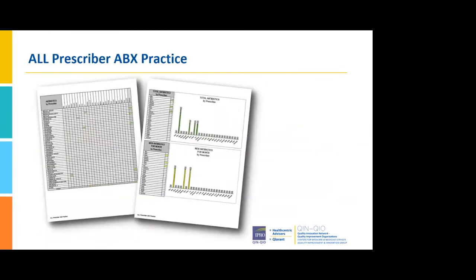This slide shows one of two tabs or sheets available to show prescribing patterns. This one provides a summary for the prescriber group as a whole, along with graphs to show both overall antibiotic use for each prescriber in the table and new antibiotics for a particular month.